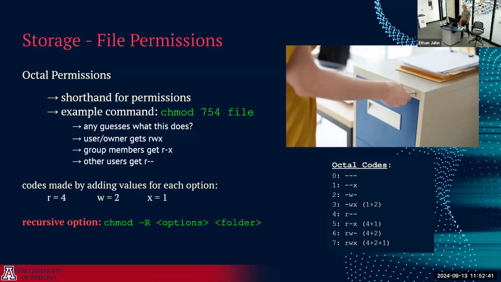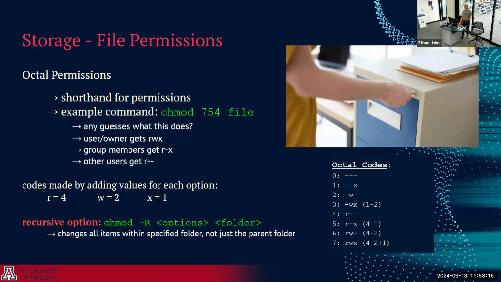It's important to also mention the recursive option, because if you just execute the chmod command on, say, a directory that has a lot of files or folders within it, it's only going to change the top level folder. If I want to change everything inside of that directory, I need to include the recursive option, which is that capital R that comes after chmod, as you can see there on the screen.